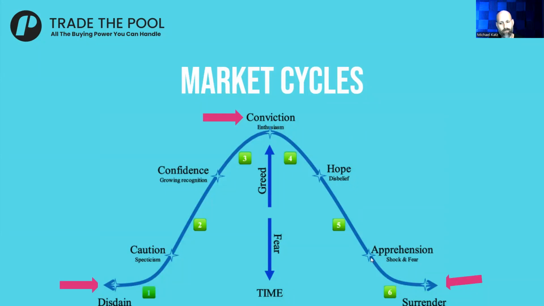Then when we drop down again toward the beginning of the trend, most people are in shock and a fear stage, saying, you know what, I'm not going to buy here, I'm going to sell. And when they sell, the other side is ready to buy.